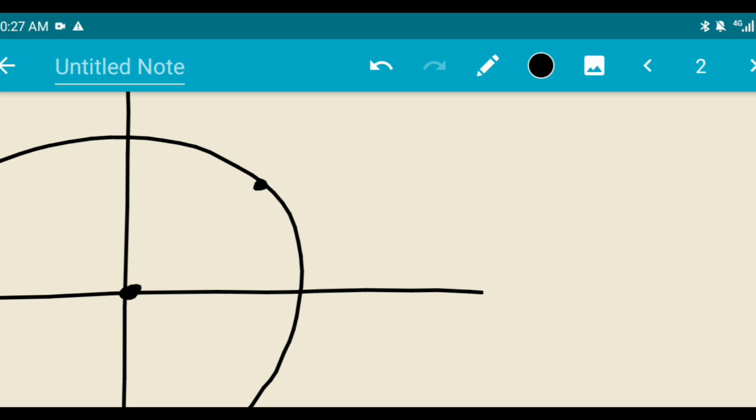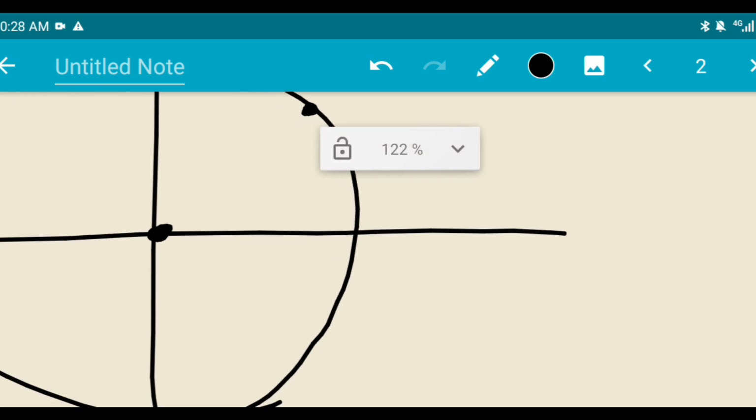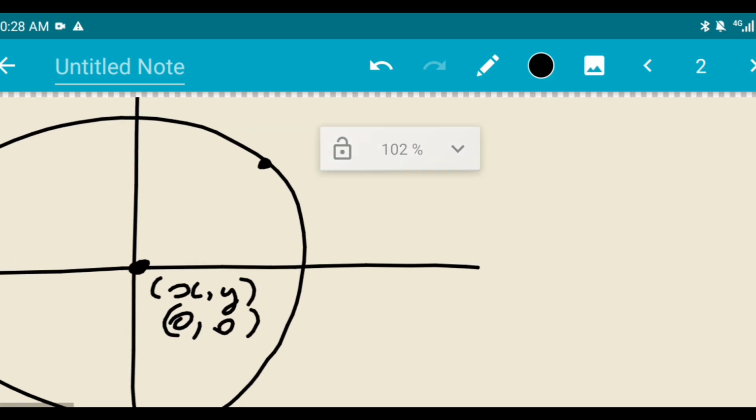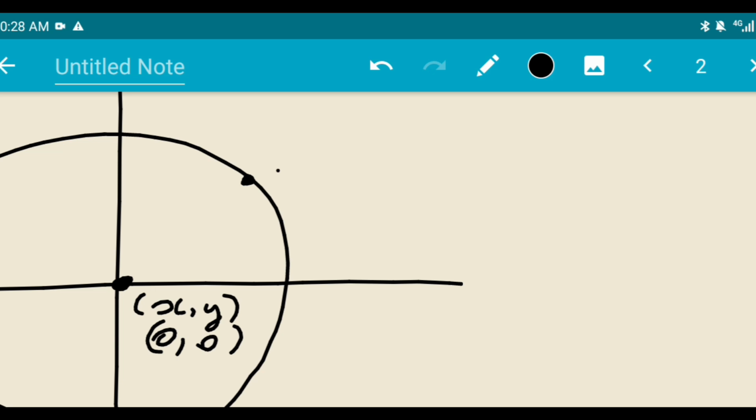This, as we may see, is located at the origin, so the coordinates for this point will be x comma y, which is just 0 comma 0. Then the coordinates for this will be some point x comma y. Because this point is on the circumference of the circle, this here will be our r.